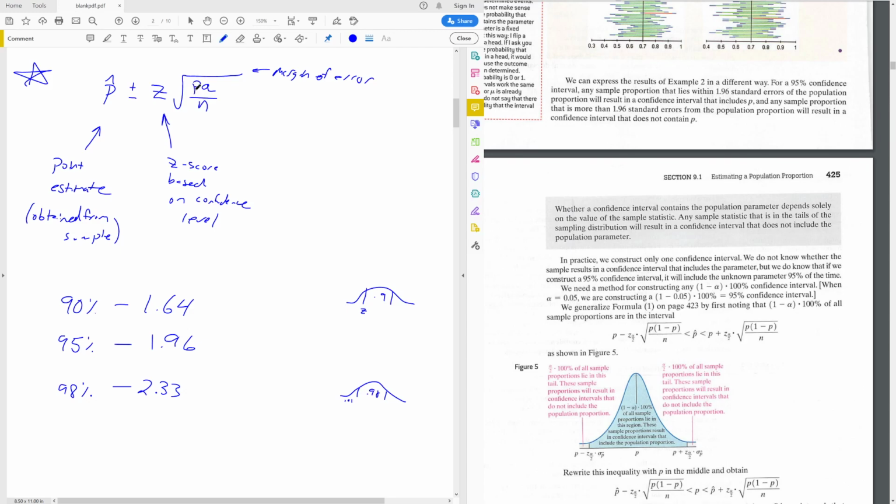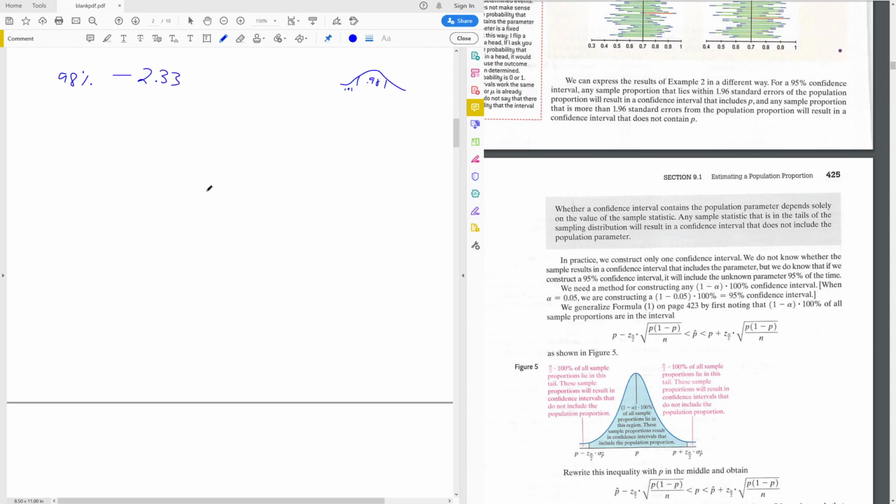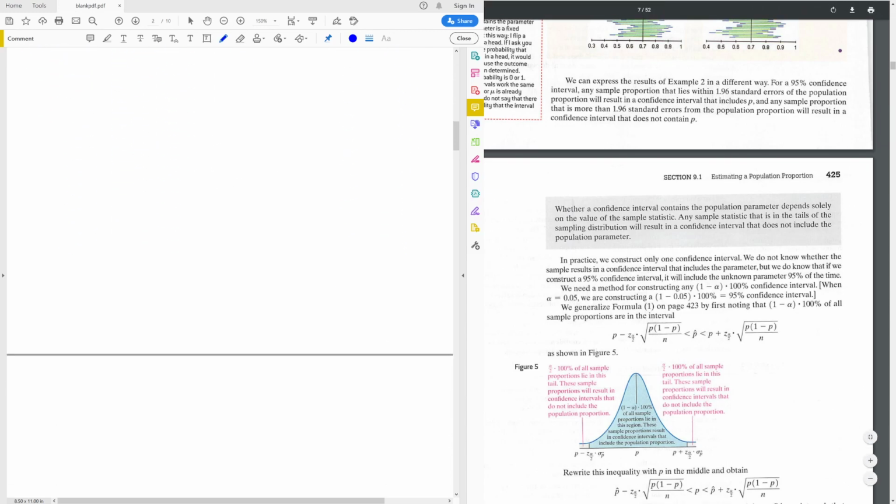Remember the p would be the p hat, and then q would be the other amount, and then we divide it by the n. So this margin of error is using the sample distribution idea of estimating the population proportion.